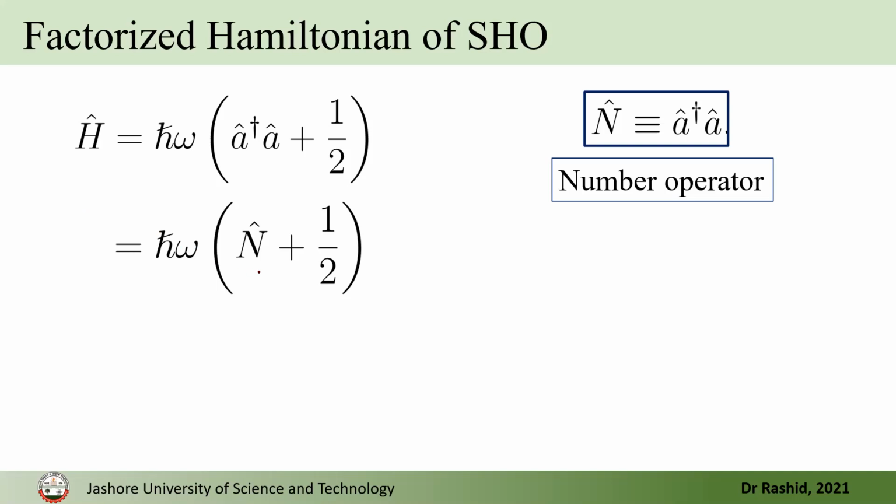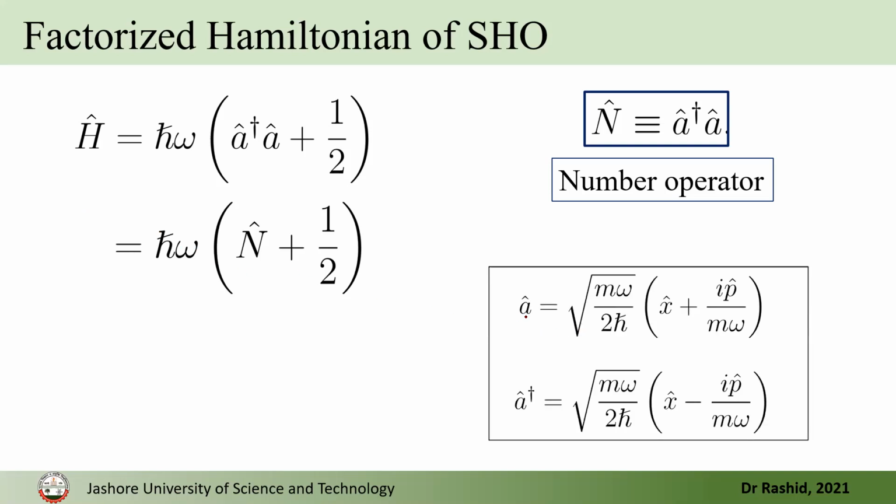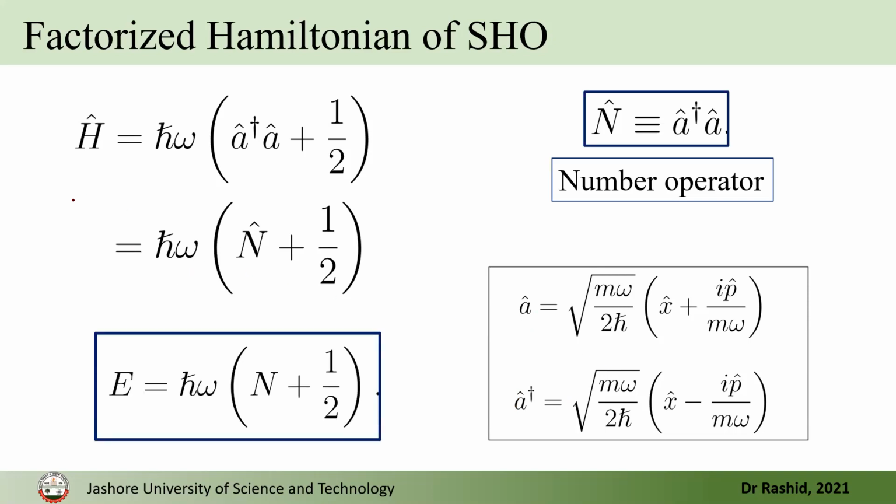So now what we can see from here, just to remind you that A hat and A hat dagger are these two terms. The Hamiltonian operator involves the number operator plus some number. So that means that the eigenstate of the number operator will be the eigenstate of the Hamiltonian and vice versa. So if the number operator gives an eigenvalue n, then the Hamiltonian, which gives the energy as its eigenvalue, would satisfy this equation.